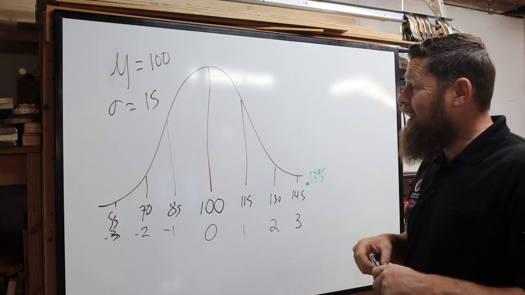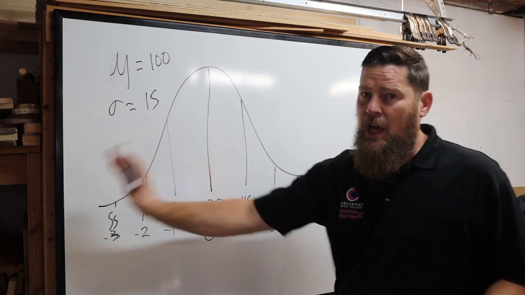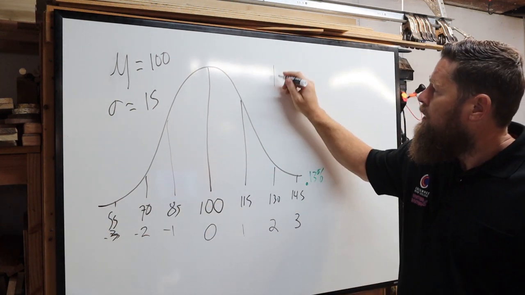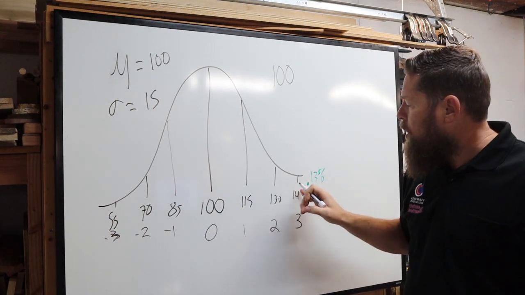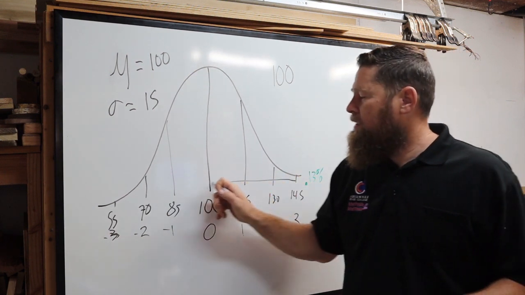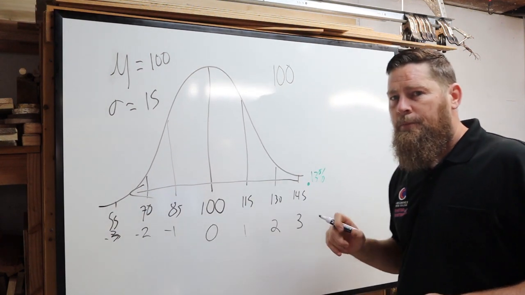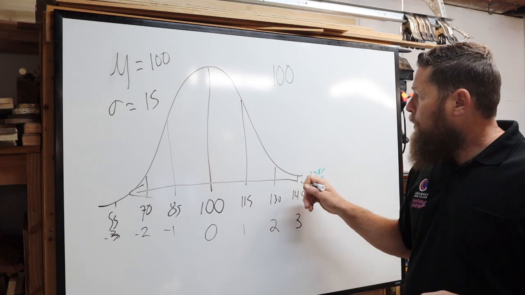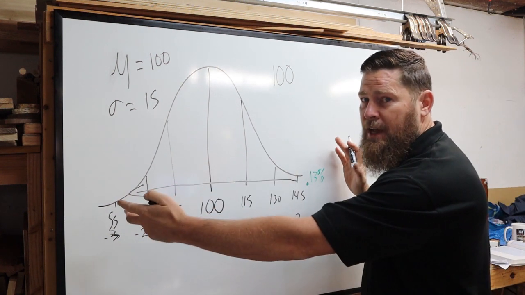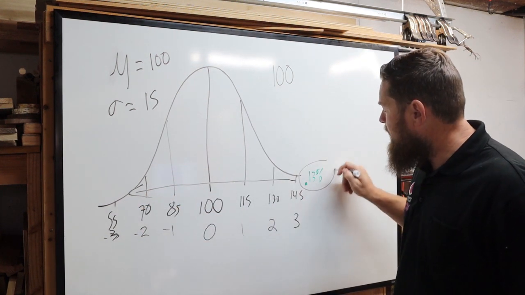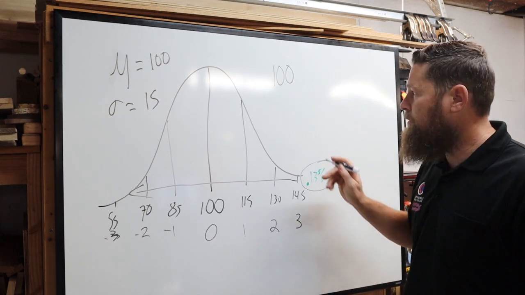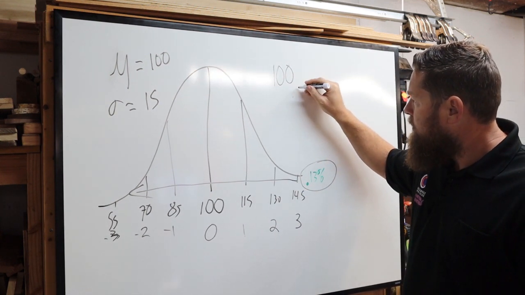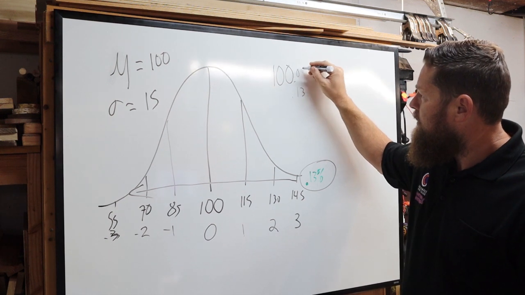So how do we figure that out? We say, well, this represents 100% of people. And the question was asking, what percentage of people are less intelligent than your friend? So all we need to do is take 100%, which is everybody, and subtract from it what is above 145. So 0.13.